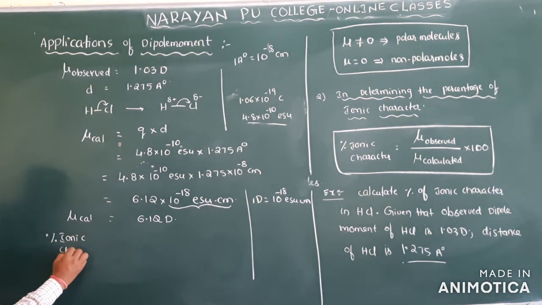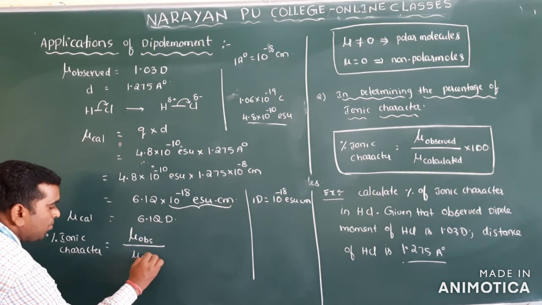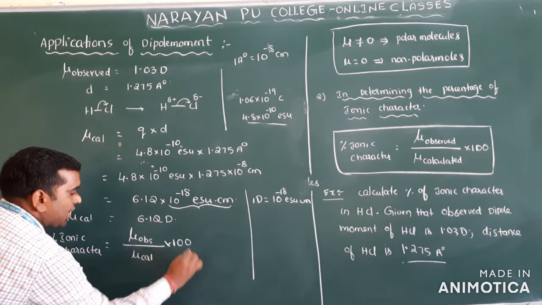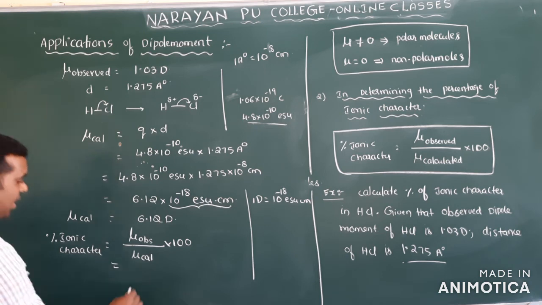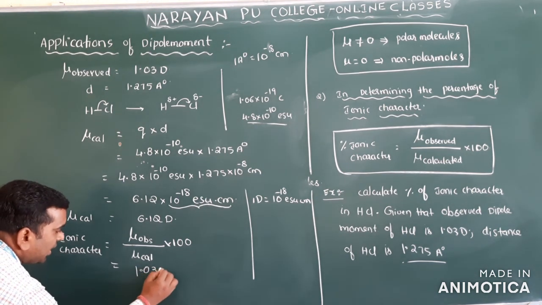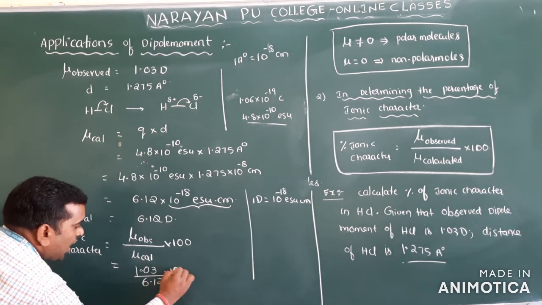Ionic character is equal to, what is the formula? Mu observed divided by mu calculated, into 100. How much have they given for observed? 1.03, divided by 6.12, into 100.